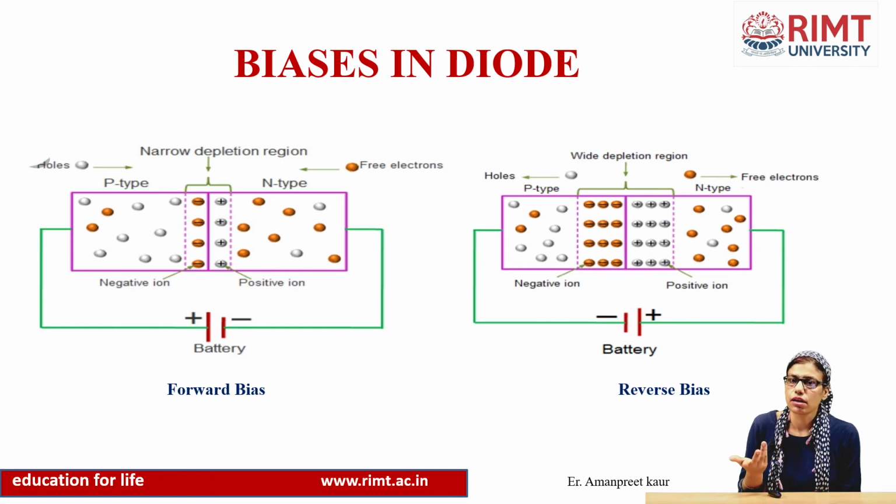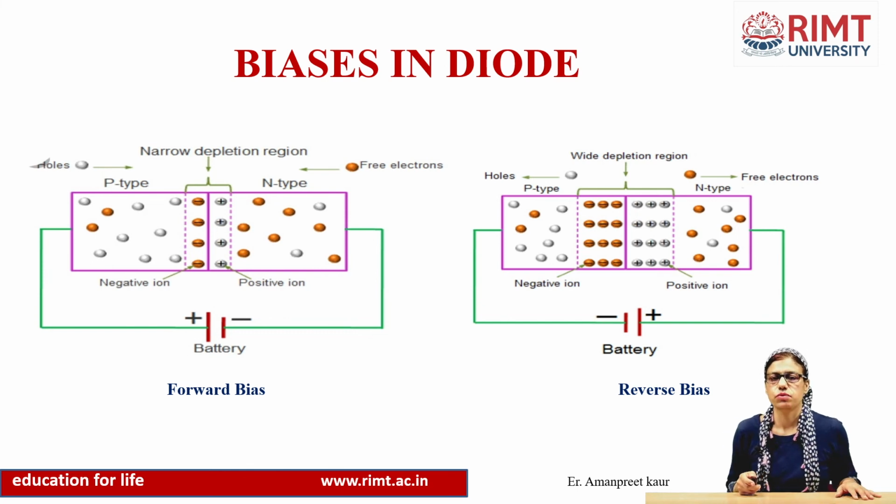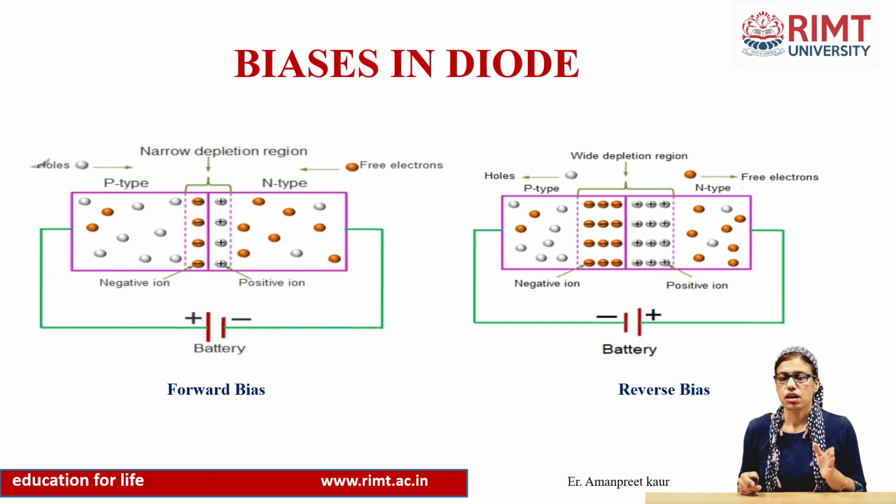So, the depletion layer becomes thicker and current does not flow. So, it acts as an open switch. In reverse bias the semiconductor diode acts as an open switch, and in forward bias it acts as a closed switch. This is the difference between forward bias and reverse bias: positive to p and negative to n is forward, and the opposite is reverse.